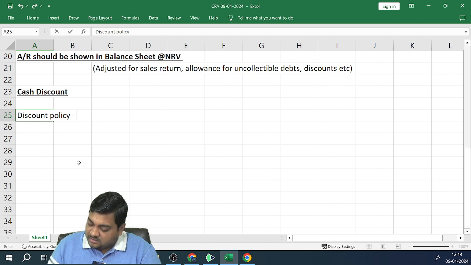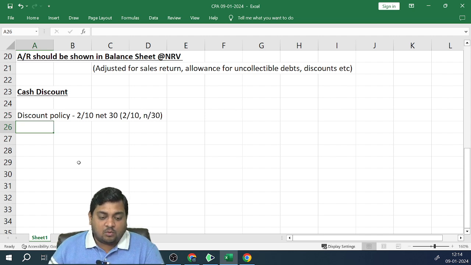Suppose it is written 2/10 net 30. Many write it as 2/10, n/30. Now what does it mean?